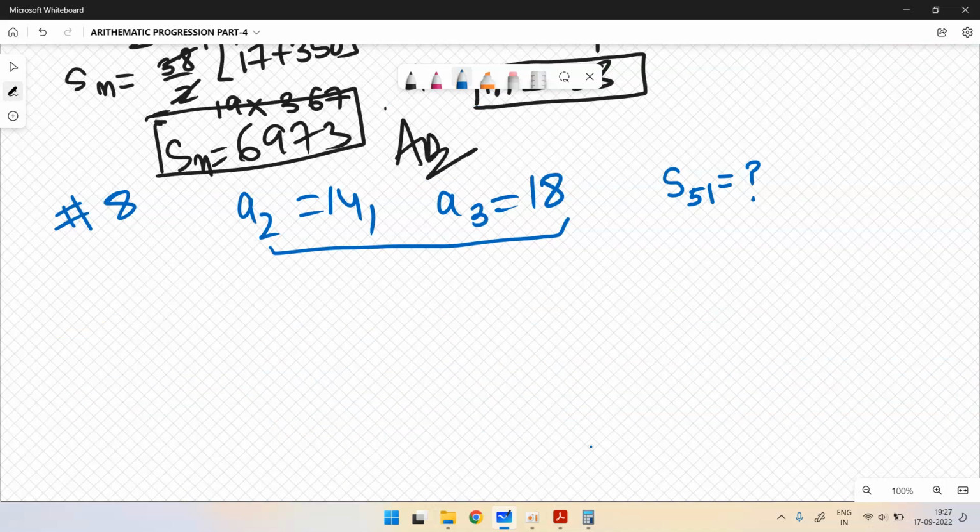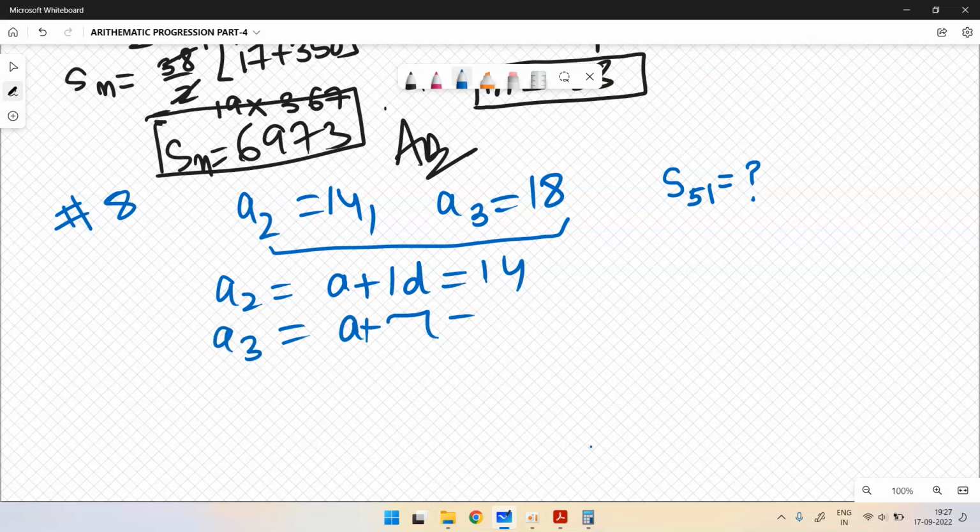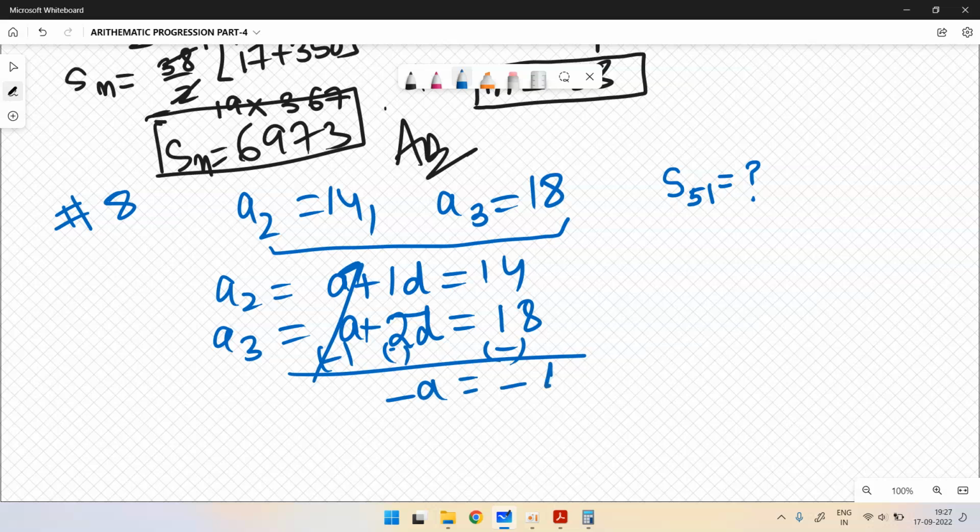A2 is nothing but A plus 1D, which is 14. A3 is A plus 3 minus 1, so that is A plus 2D, which is 18. If you subtract these two, A minus A is 0, and this is minus D, nothing but minus 4, which implies that D is 4.